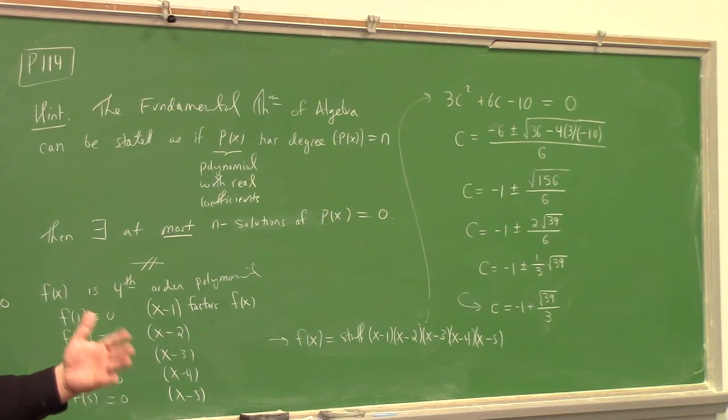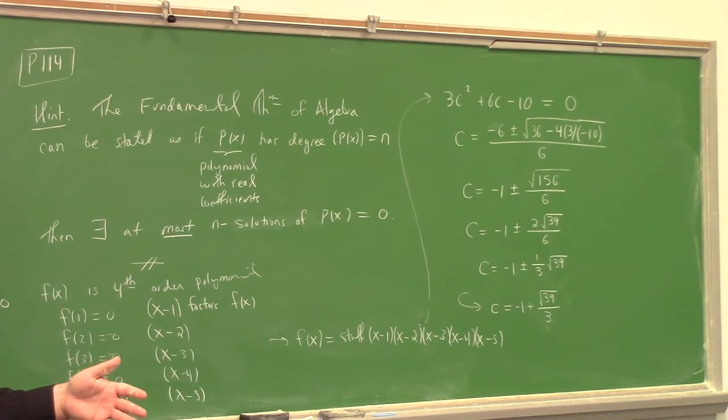The second derivative of a fourth order polynomial is second order. How many distinct zeros can you have for a quadratic? Well, 2. So there's at most 2 inflection points for a quartic. At most 2 points. There doesn't have to be any.